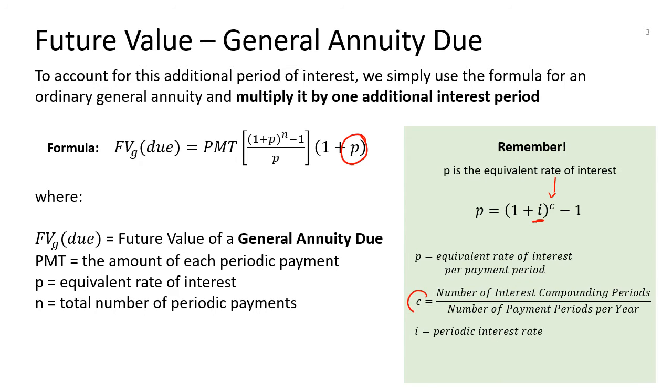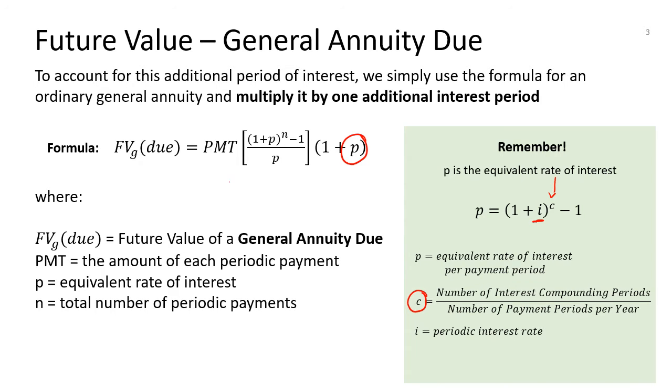And remember, your ratio c was the number of interest compounding periods divided by the number of payment periods per year. So I'm going to go through a few examples, doing future value, present value, and then finding the payments, just like we did in lesson 4.1.